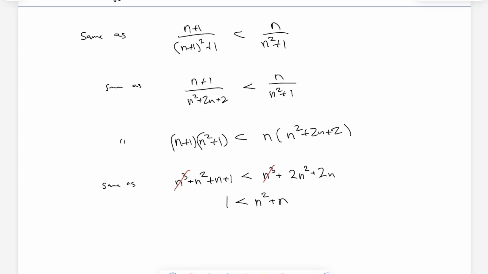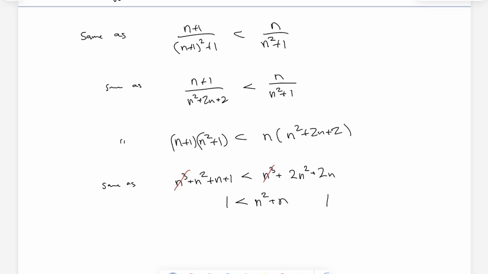I think this is what you get after simplifying, canceling what you can. You can't go any further than this. You should ask yourself, is that actually true? Is it true that 1 is less than n squared plus n, no matter what n is? The answer is yes, because n is part of a sequence. N is like 1 or 2 or 3 or 4. This is always more than 1, all right?